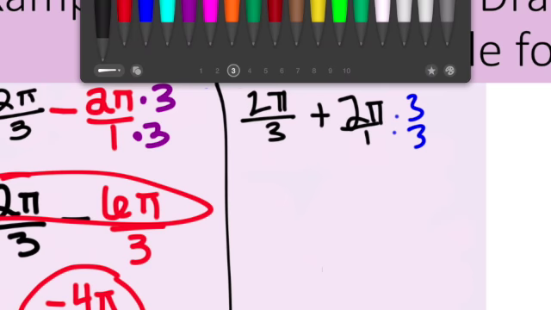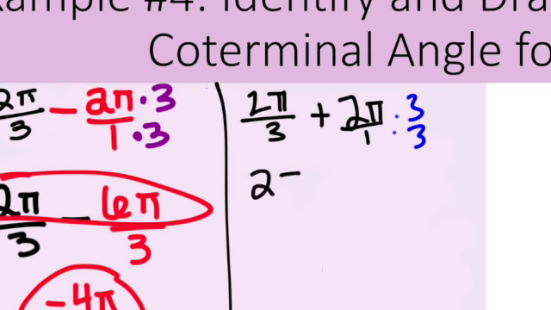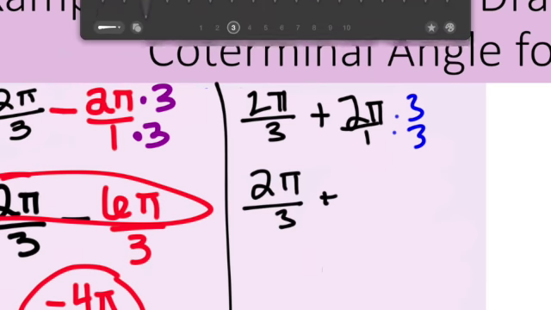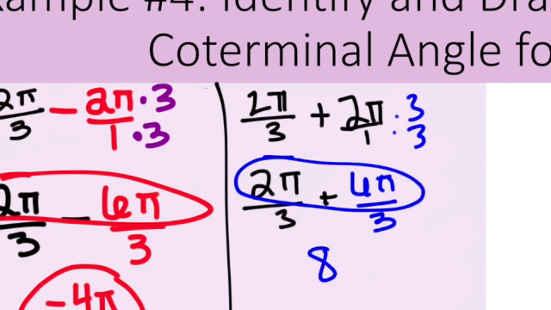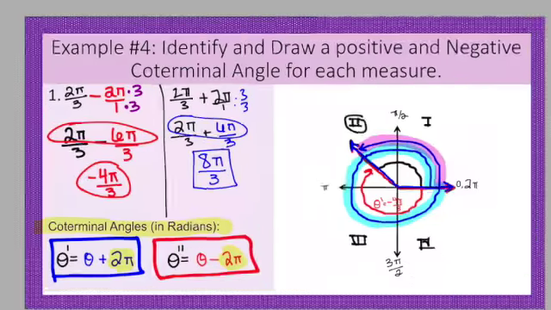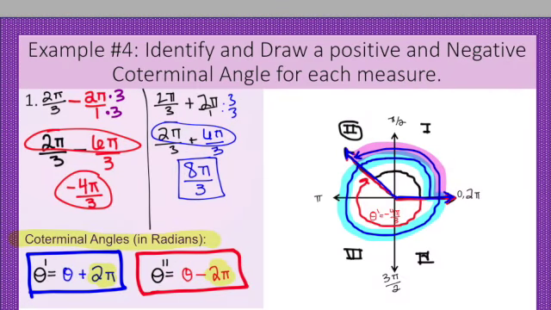So now we end up with 2 pi over 3 plus, this is going to become 6 pi over 3. And then now I'm just going to go ahead and add them up. So 2 plus 6 is 8 pi, and then over 3. And there we go. Those are our two coterminal angles.